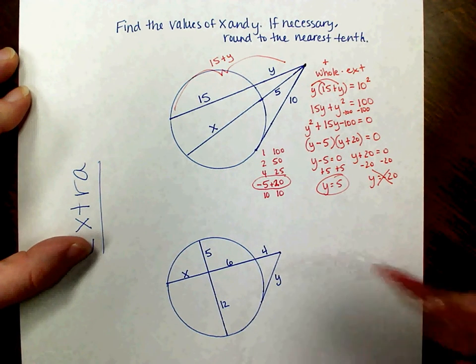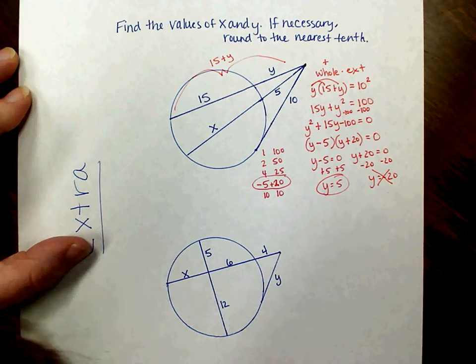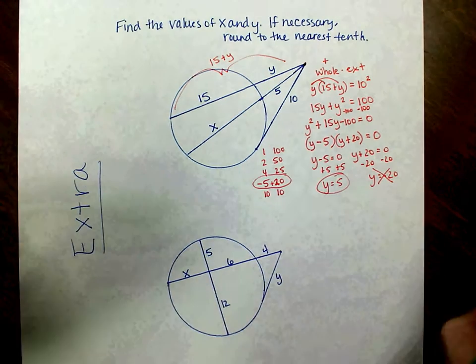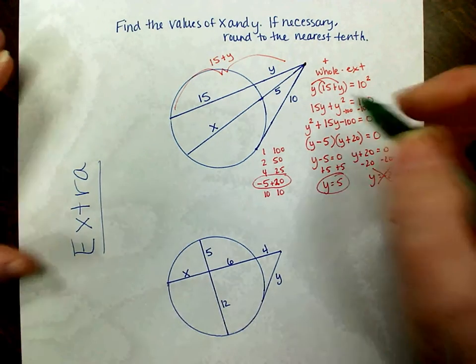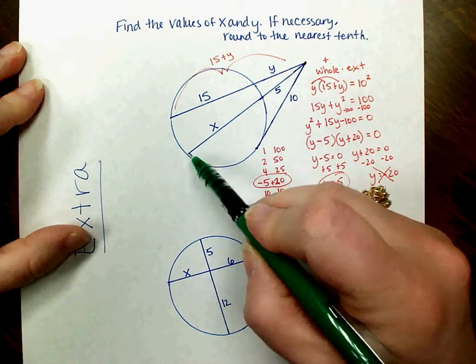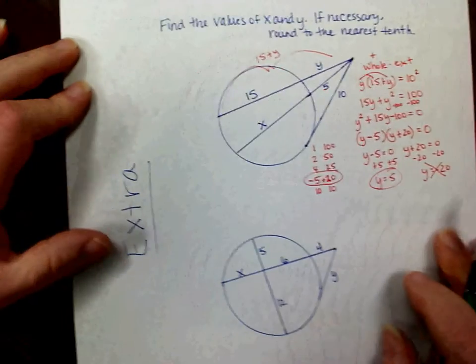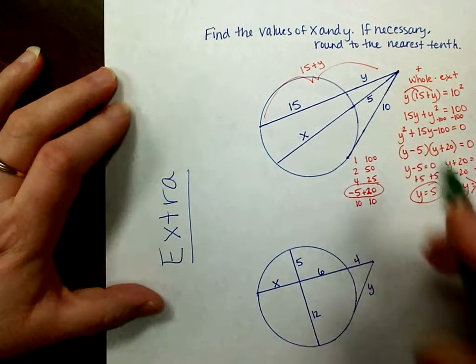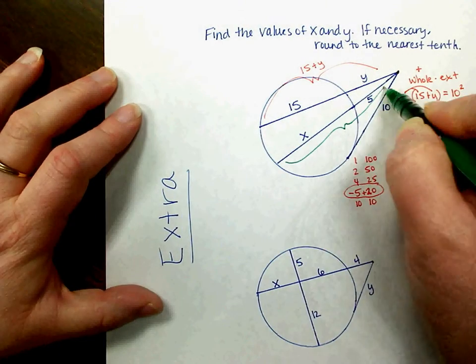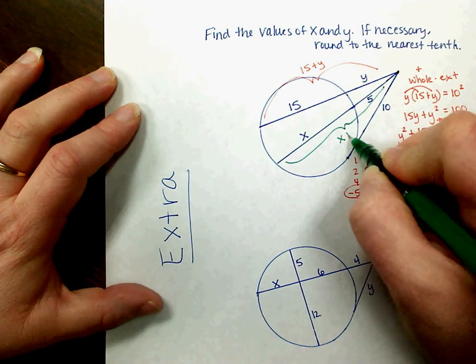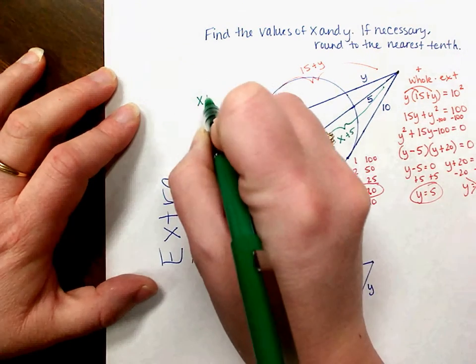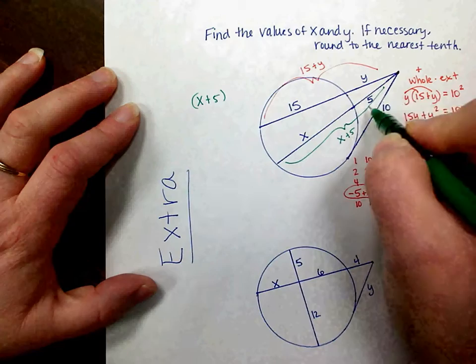Now when we look at solving for the x, of course you don't want to use a number that you came up with if you can keep from it. So with this secant, I'm also going to be using the tangent to go along with it to solve for the x. The whole length of this secant with the x is the x plus 5 that we're going to be multiplying by the external part, which is the 5.